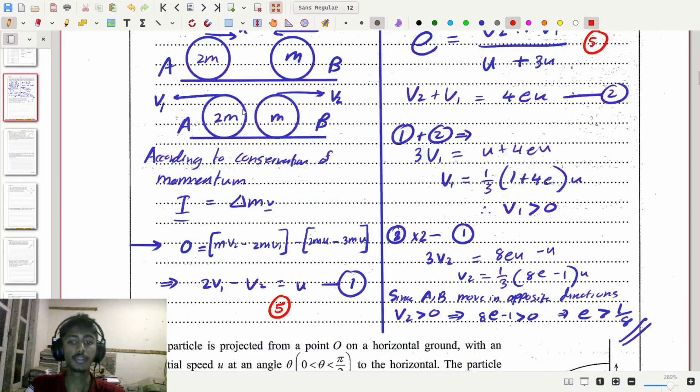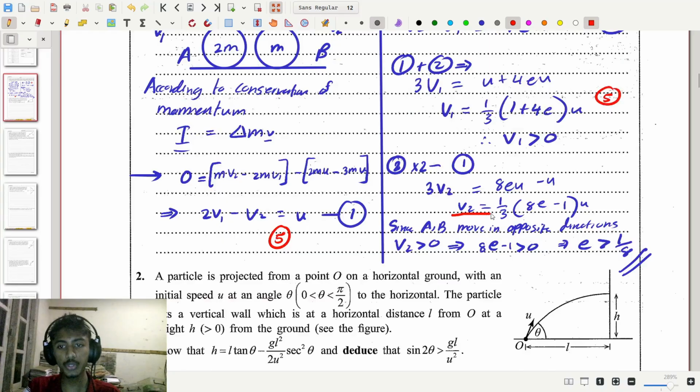Now after this, the next marks are allocated for finding the values of v1 and v2. When you substitute and find, or rather add together and find v1 equal 1/3 times 1 plus 4e times u, this gets you 5 marks. Similarly, when you find v2 as 1/3 times 8e minus 1 times u, you get another 5 marks.